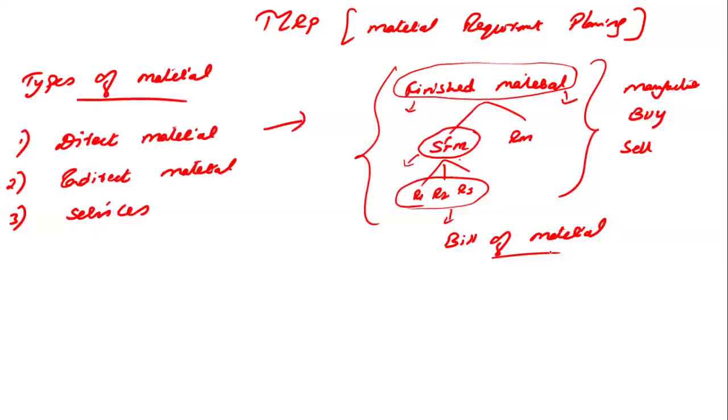Okay. Now let me take an example. Consider that you have a small factory. Let me take an example of a juice industry. FMCG industry, under FMCG industry, you have a juice industry. In manufacturing of juice, juice is a finished product. Okay, or we can call it a semi-finished product.